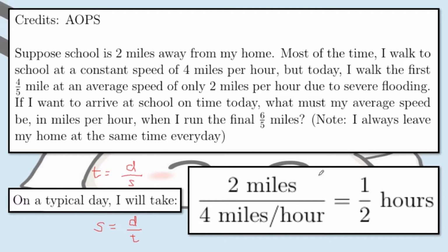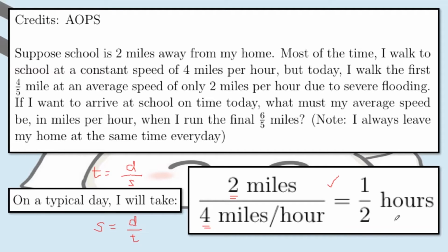So this is the formula used in this equation. The distance taken, which is 2 miles, over the constant speed I take every day, 4 miles per hour, so it's going to take me 1/2 hour. So on a typical day, I take 1/2 of an hour to school.